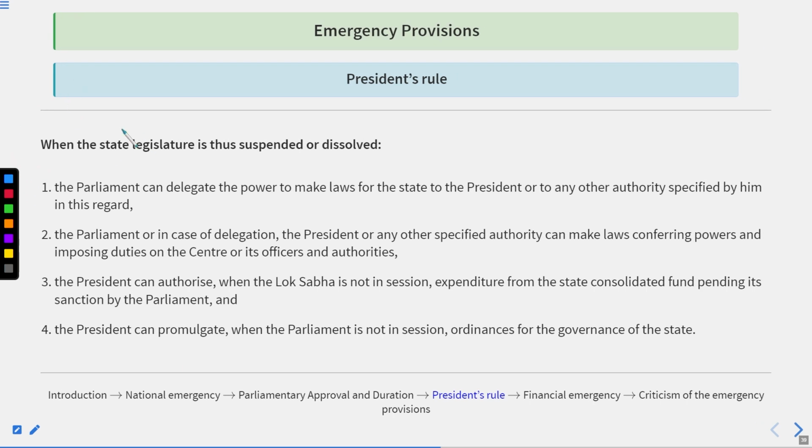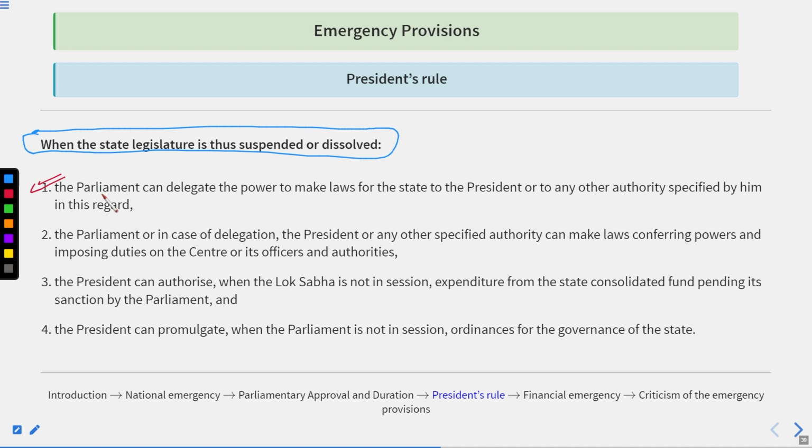Thereafter, when the state legislature is thus suspended or dissolved, what does it mean? That right now the state legislature is not functioning. Then what will happen? First, the parliament can delegate the power to make laws for the state to the president or to any other authority specified by him in this regard.